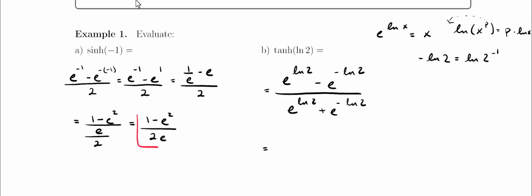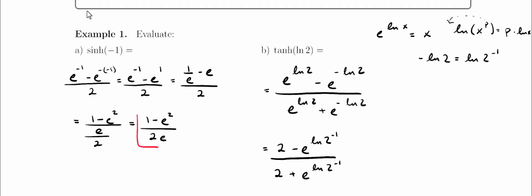will give us e to the ln of 2, which is equal to 2, minus, now in this one here, I'll take an in-between step, e to the ln of 2 to the negative 1, all over 2 plus e to the ln of 2 to the negative 1.